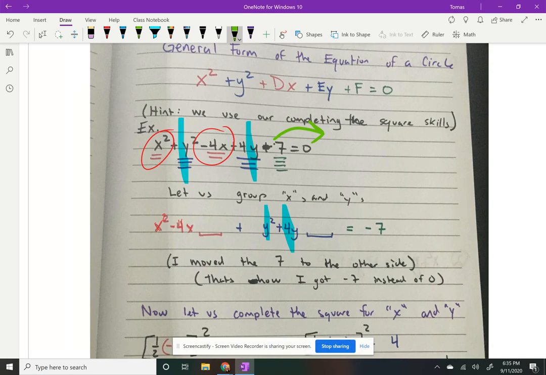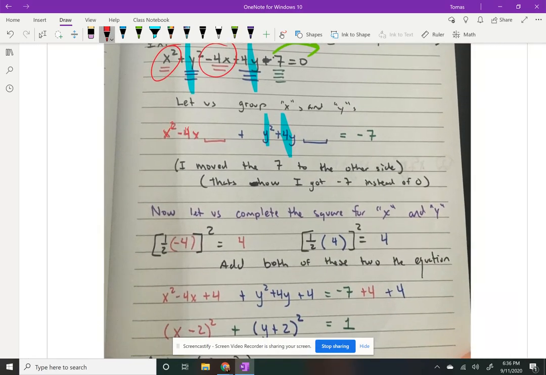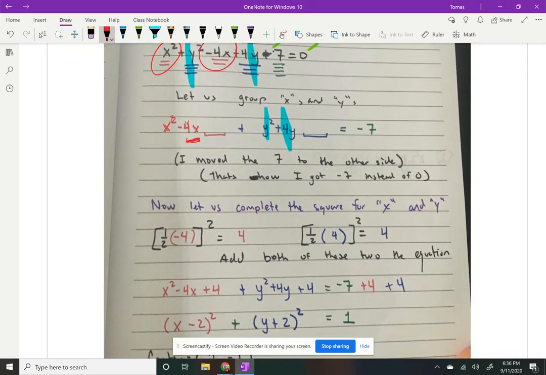Now I do that because I'm going to complete the square. And when I complete the square, I only want to complete the x part first and then the y part. And what I do on one side, I have to do to the other. So to complete the square, guys, I take this middle term, this negative 4x, I cut it in half.